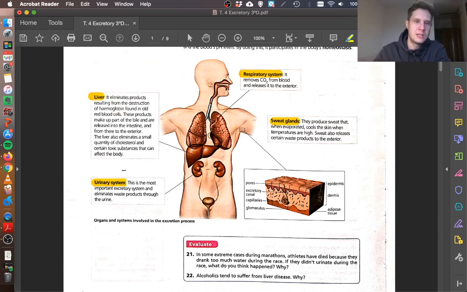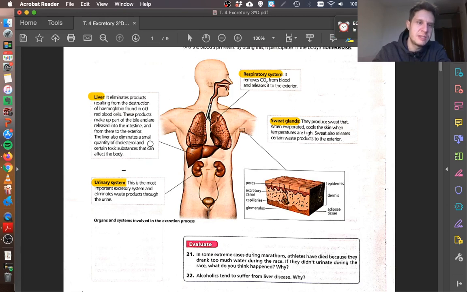The liver plays a big role in this functionality. These products make up part of the bile, which goes into the digestive system and is released into the intestine, and from there to the exterior.